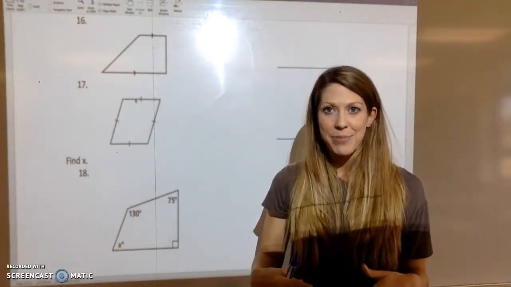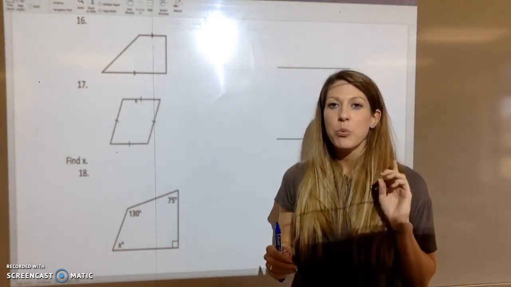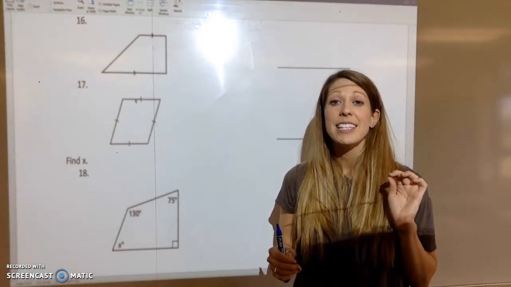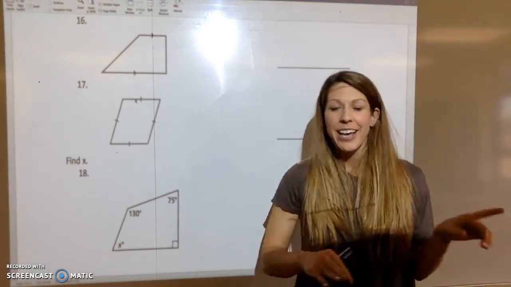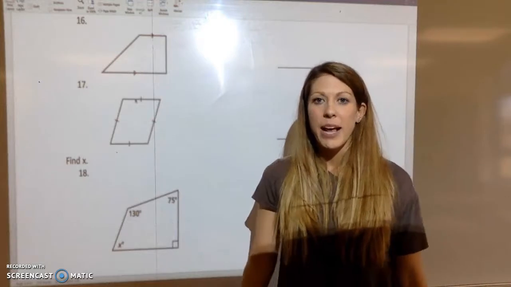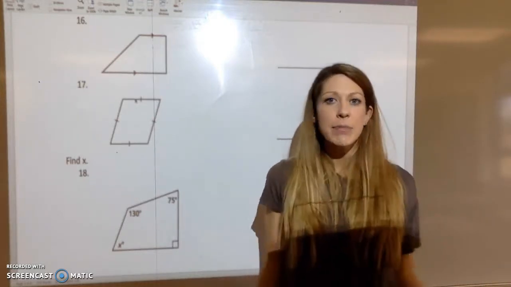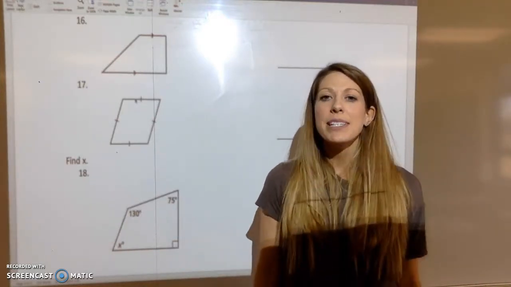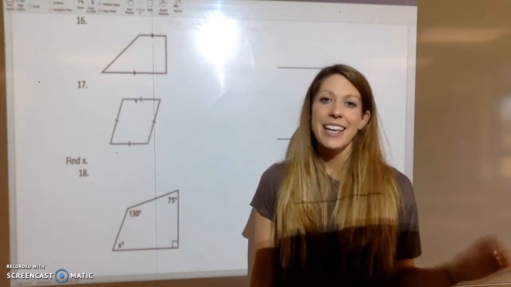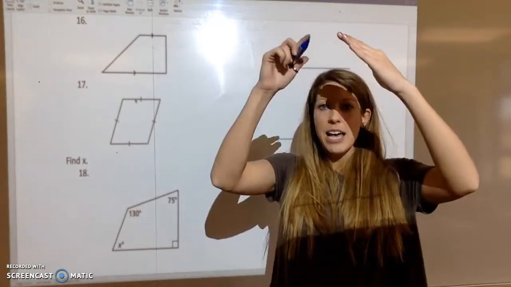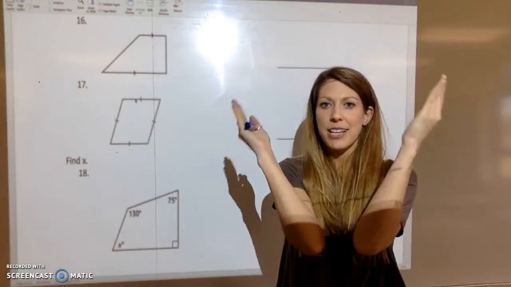And then there are multiple types of parallelograms. If there's only one set of parallel sides, it's a trapezoid, and that's the only one you have to remember if there's one pair. And if there's no pairs of parallel sides, sometimes it's a plain old quadrilateral, but sometimes it's a kite. And if it's a kite, it's because we have two pairs of congruent sides.